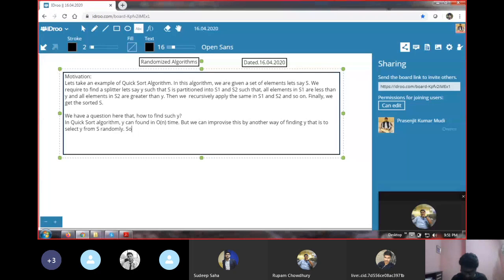An element is selected as y with some probability. If the probability is positive, we are sure that we shall get a correct answer with positive probability.